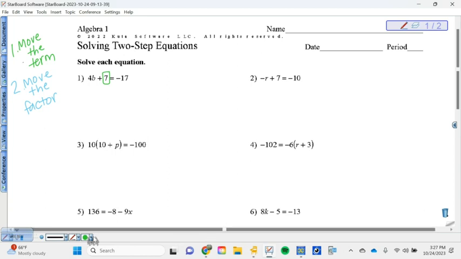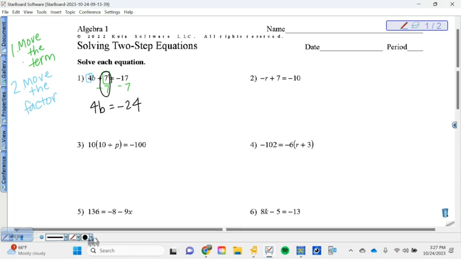And what is the factor that I need to move? 4. Good. So first step is removing that term. So how do I get rid of that 7? Yeah, I've got to subtract 7 from both sides. And that's going to make this 0 out. So now I've got 4b equals -24.